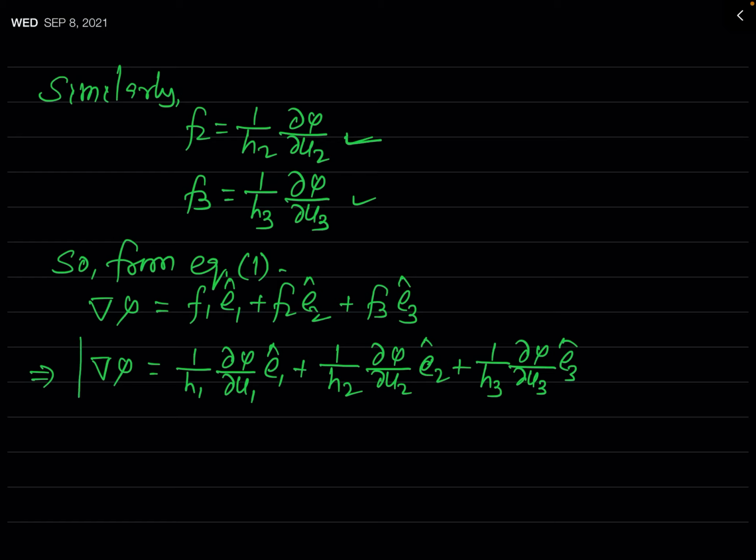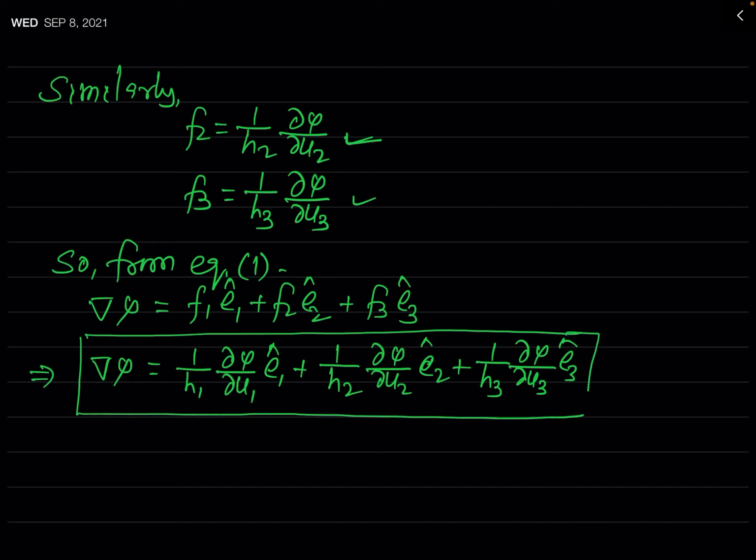And actually this is the definition of gradient of a scalar function in the orthogonal curvilinear coordinate system. So you must remember this result, because this is just the definition of gradient of a scalar function phi in orthogonal curvilinear coordinate system.